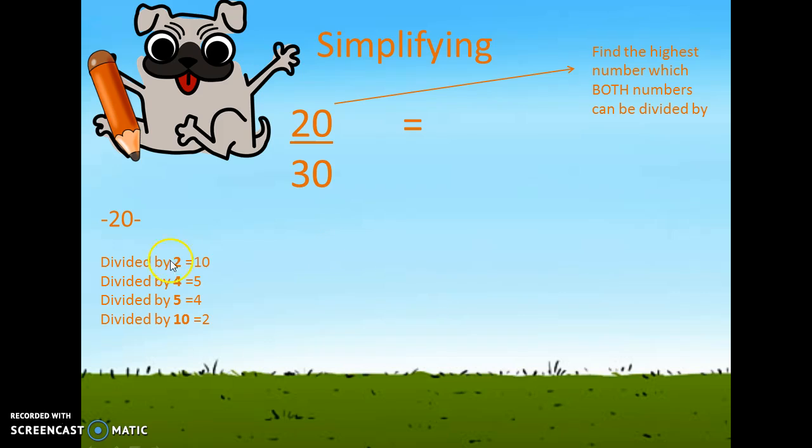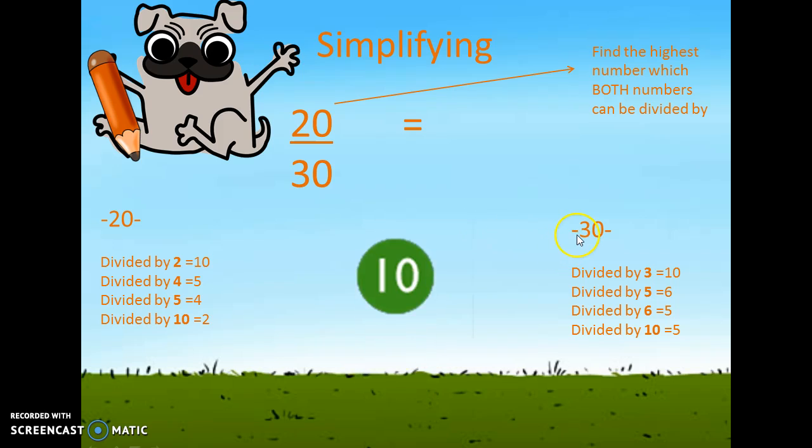Let's look at 20. 20 can be divided by 2, it can be divided by 4, it can be divided by 5, and it can be divided by 10. For 30, it can be divided by 3, by 5, by 6, and by 10.